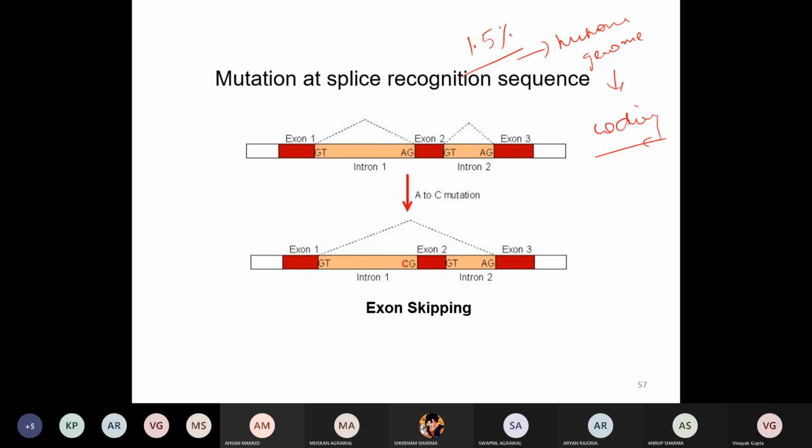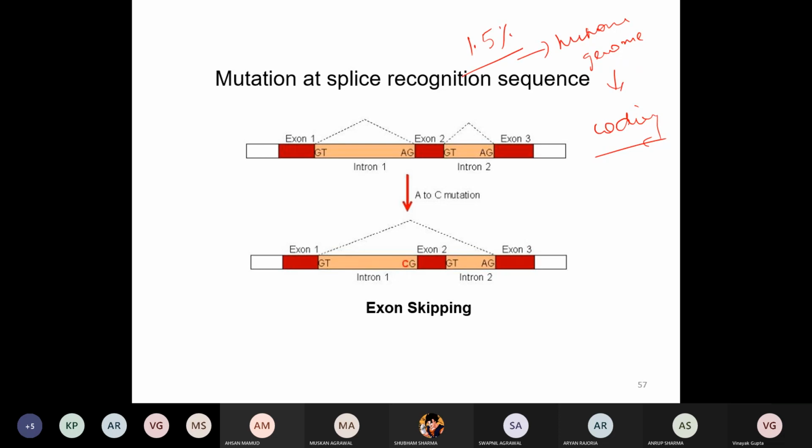The human genome is too big, 3.3 into 10 to the power 9 base pair. You can imagine the size, and only 1.5% is the coding part. The remaining is part of your introns, and we do not have a very clear idea what introns are actually doing.